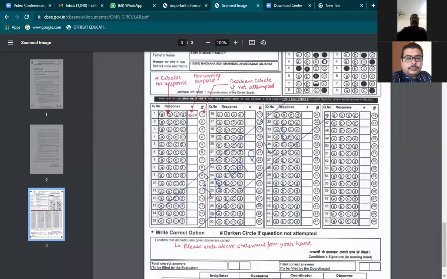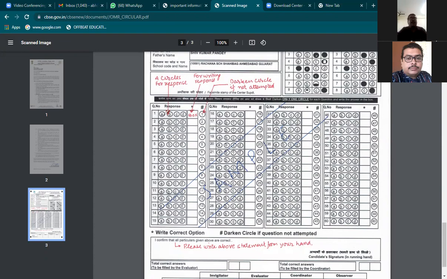You can see the scanned OMR. Suppose I have told you that out of 24 questions, you need to answer 20. Suppose someone has answered questions 1 to 20, and questions 21, 22, 23, 24 will not be attempted. So what do you need to do?